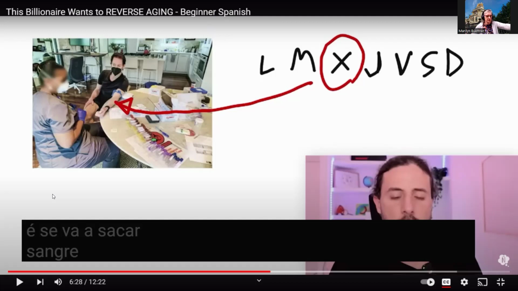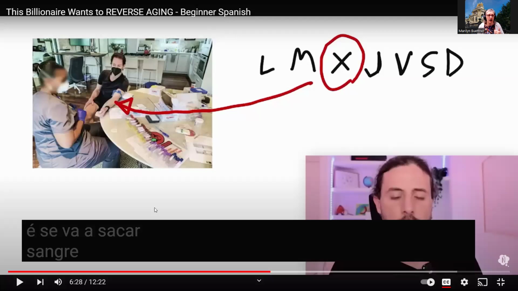Sacar es take out. So, Marilyn, sí, question on whenever irse becomes reflexive, it changes the meaning a little bit. We'll look at irse when we look at reflexives after the video. Irse as a reflexive is kind of a special one. It's kind of different from the other ones. Some reflexive verbs mean to do the action to oneself, like se hace análisis, he does an analysis on himself, meaning a medical thing, right?